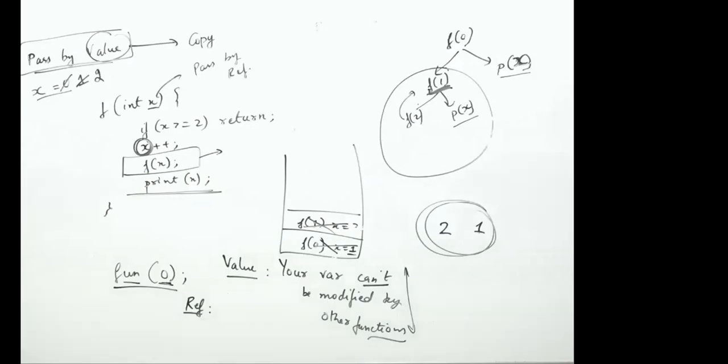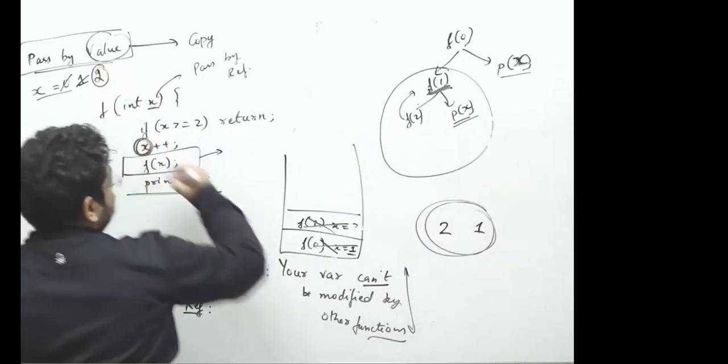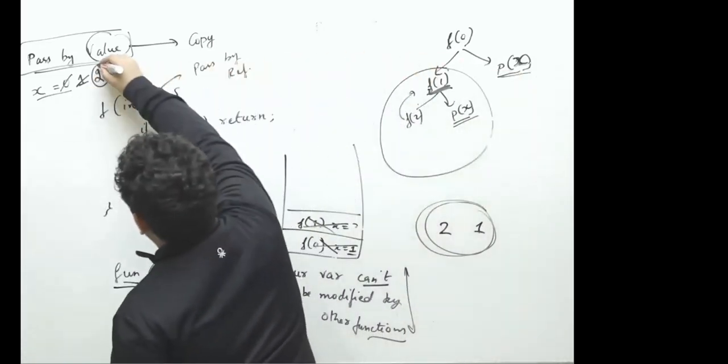Okay, so what will be the output? What do you think? Right. So this guy will also print final value of x, which is 2, and this guy will also print final value of x, which is 2.